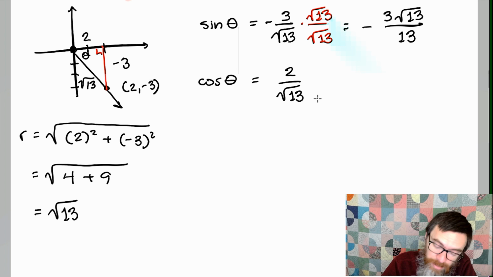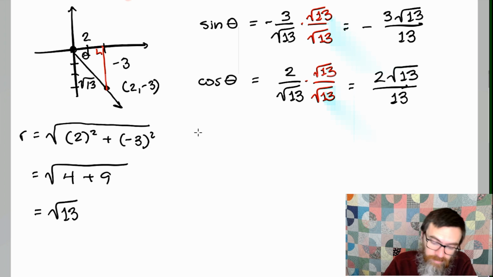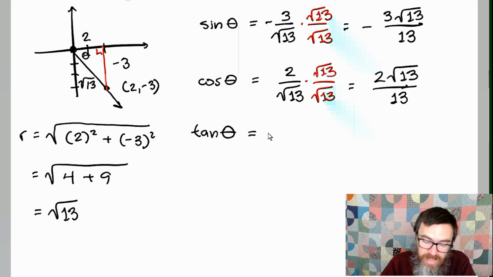Remember, the hypotenuse is always going to be positive here. Rationalize, and finish. So 2 square roots of 13 over 13. And now tangent. Tangent is opposite, -3, over adjacent, 2.